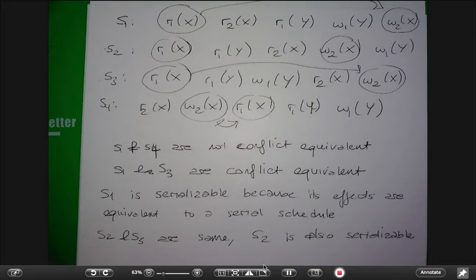In fact, you don't have to really find an equivalent schedule. You can have a very simple algorithm. It's kind of an insult to call it an algorithm, but I will call it anyway. So you can check if a schedule is serializable very simply.